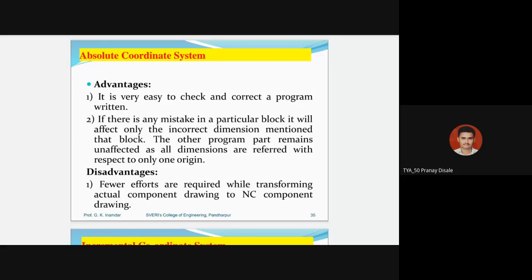Absolute is according to our initial program. At the time of program writing, whatever the distance will be defined at the initial stage, but in incremental only addition is there. This is one of the advantages.